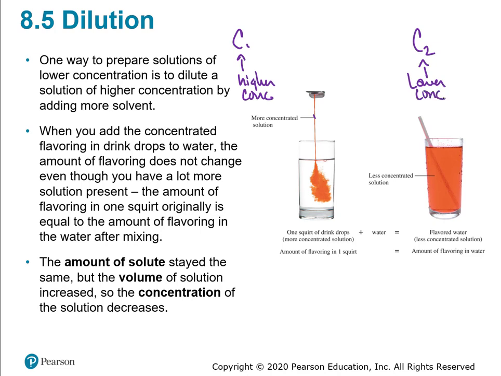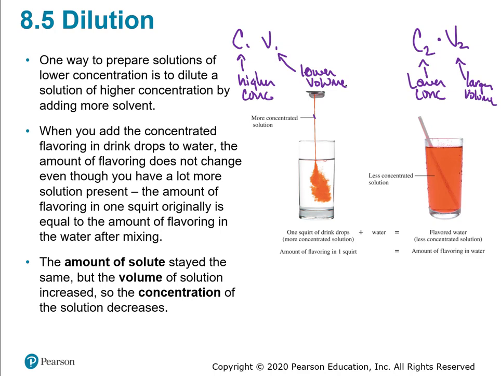So which one is going to have a higher volume? The amount of squirt that you add or the amount of the diluted solution? So V2 is always going to be a larger volume and V1 is always going to be lower.